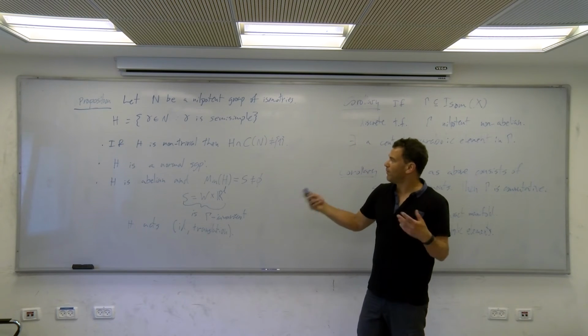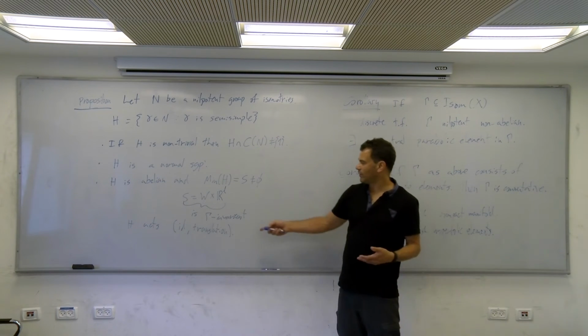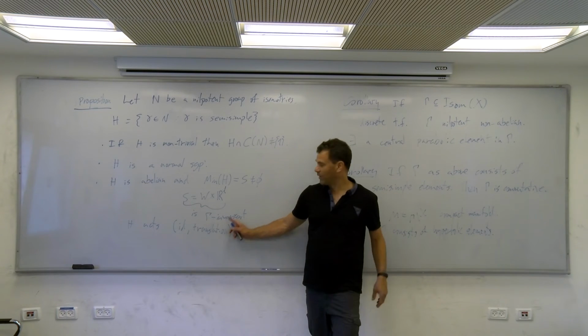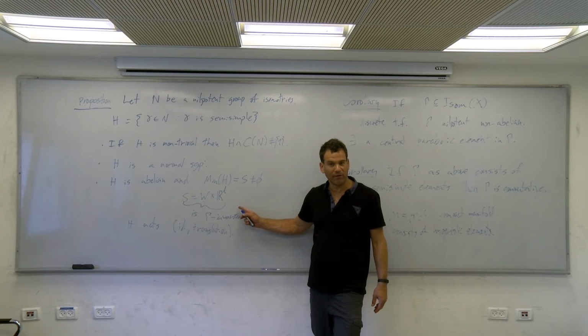And the group of all hyperbolic elements is commutative, and if the action is free, it will be Z to the N.